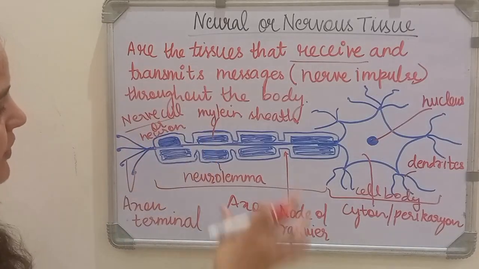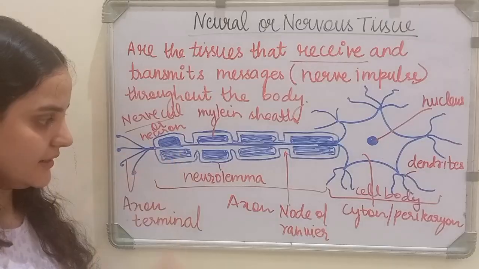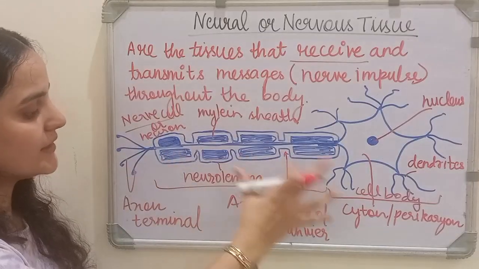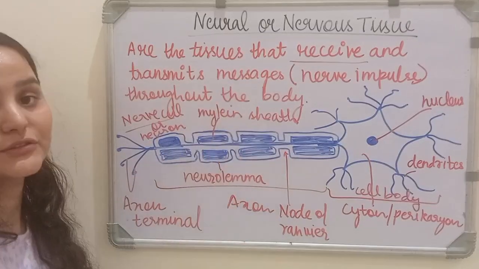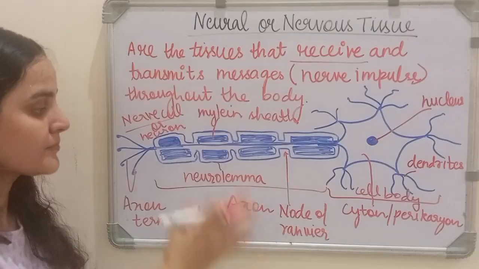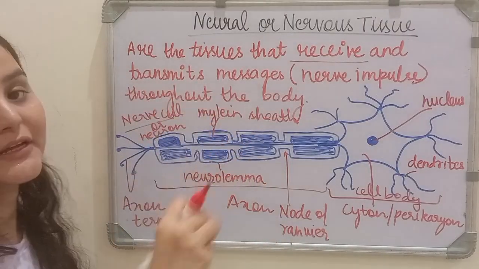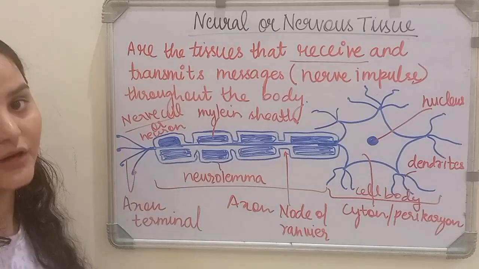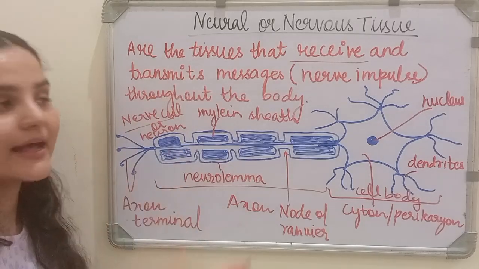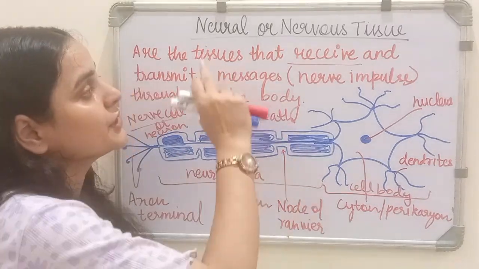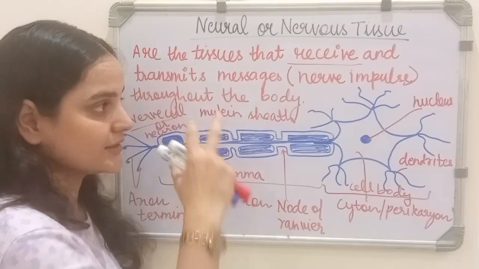Okay, now note this point that multiple axons or bundles of axons form a nerve. Okay, multiple axons, they bind up together and they form a nerve. That collection is known as nerve. So this was all about neural or nervous tissue. In this, what happens?